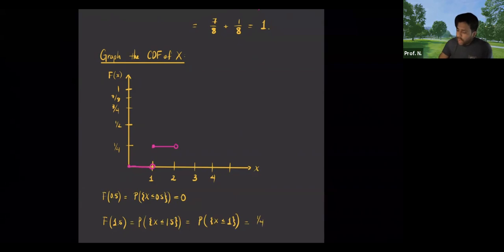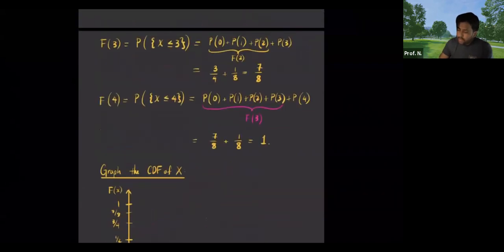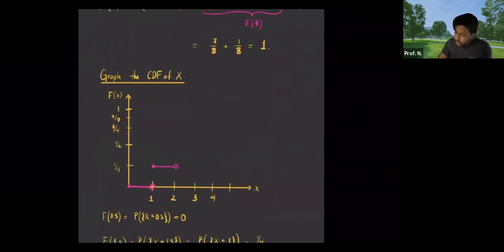So then at f of 2, what's f of 2? It's 3/4, right? So 3/4, I'm going to be right here. That's for exactly at 2. But for everything in between 2 and 3, it's a straight line.